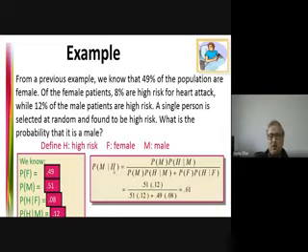This will be the probability of male times the probability of high risk given male, divided by the probability of male times the probability of high risk given male, plus the probability of female times the probability of high risk given female. Substituting the known probabilities, we get 0.61. This is just an example of how we can use Bayes' rule effectively.